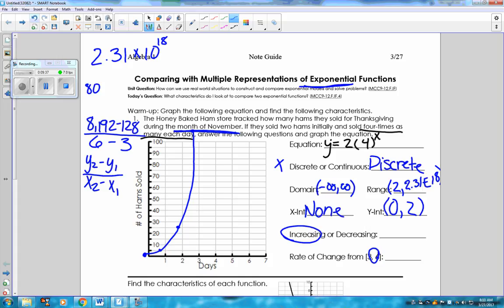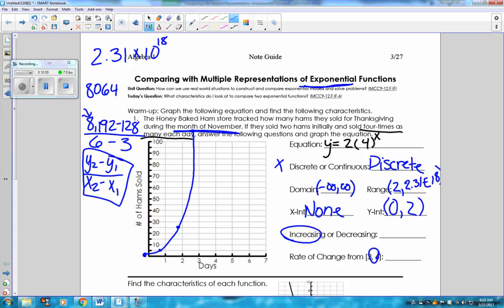I use this formula to get y2. To get y2, I have to plug my second x value back into the formula.